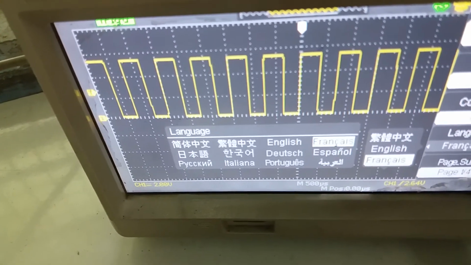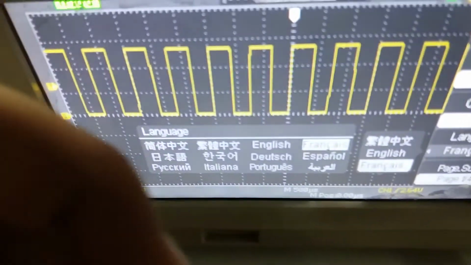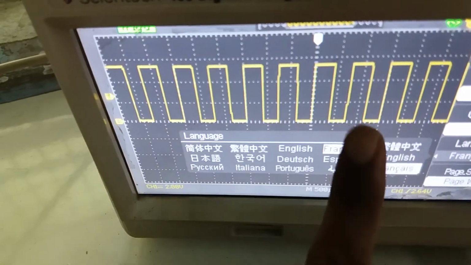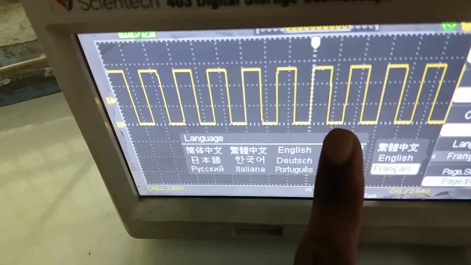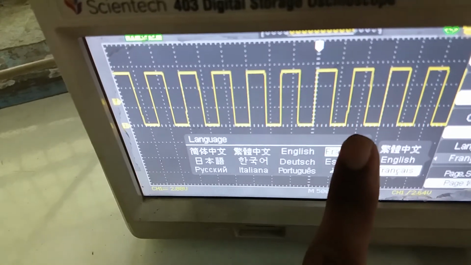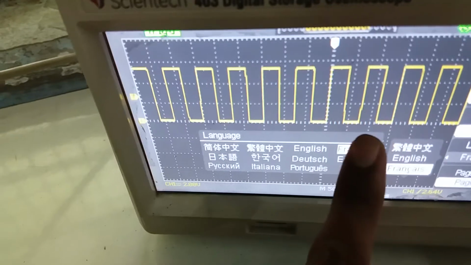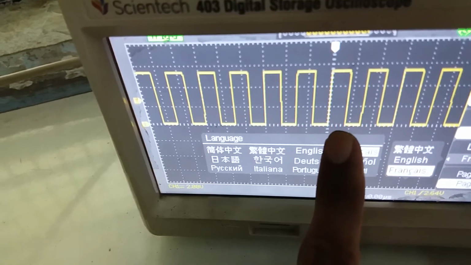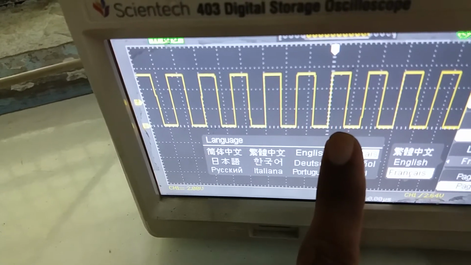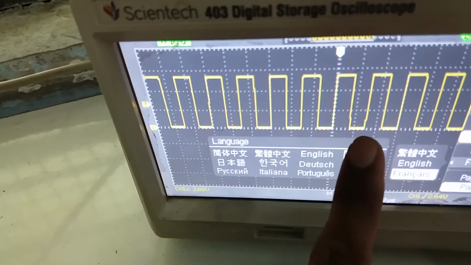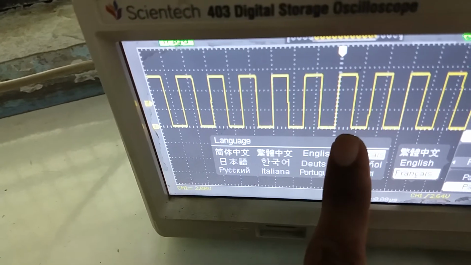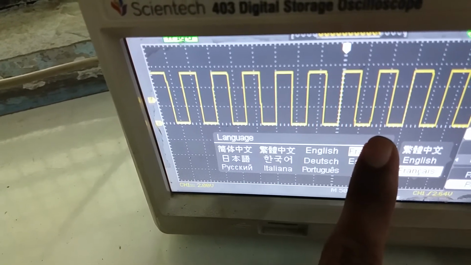From the center, exactly 8 lines are consumed. So 4 lines for on time and 4 lines for off time.